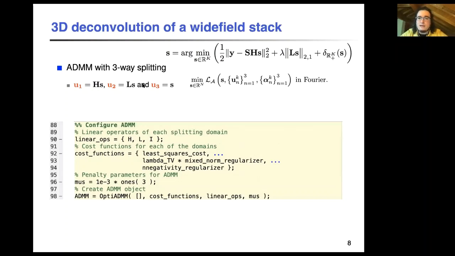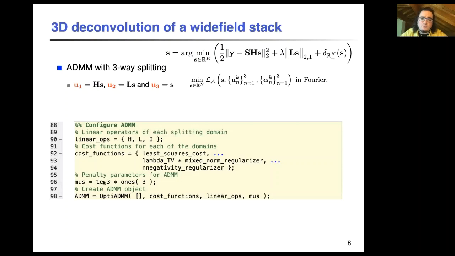So you pass things through the operator H and then apply the least squares cost that we defined before, which included S. Then lambda TV times the mixed norm regularizer is paired with the operator L. You first do L and then pass it through the mixed norm regularization to obtain a TV regularizer. And the non-negativity regularizer is paired with the operator identity, which just forwards the optimization variable.